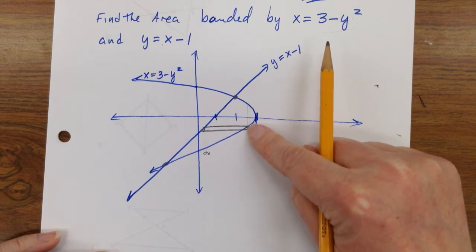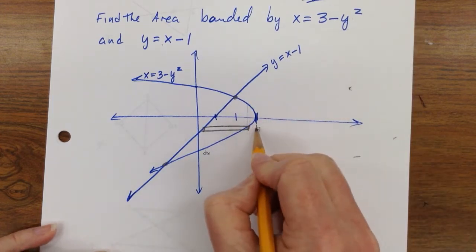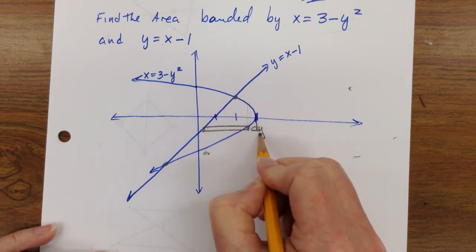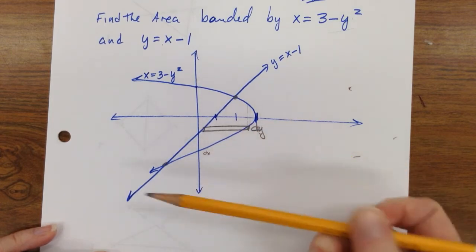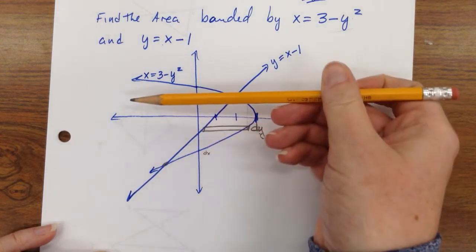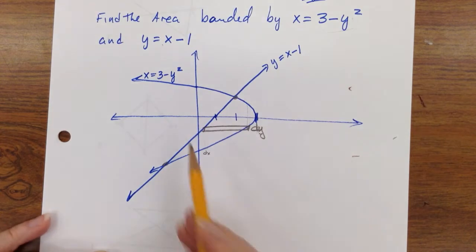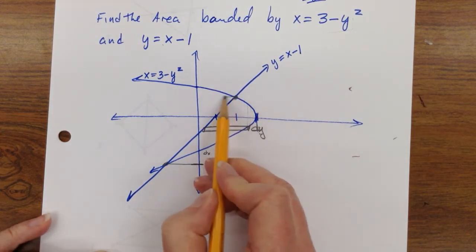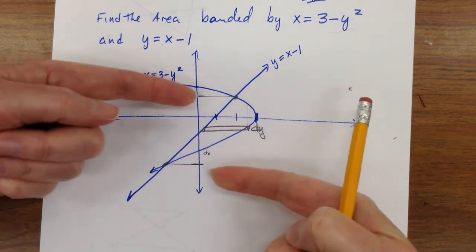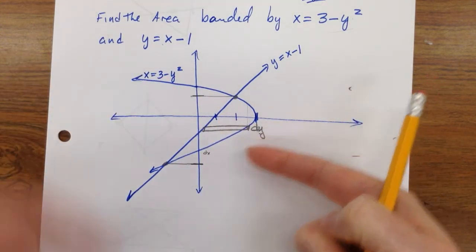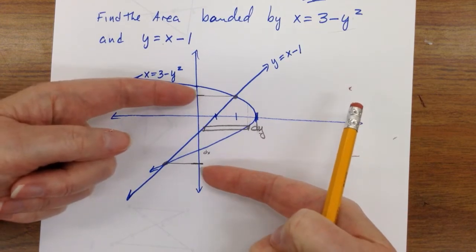So the vertical change here is a teeny tiny change in y. And we will stack our rectangles from the bottom to the top, meaning my limits of integration will be found on the y-axis. It will be dy, with respect to y.